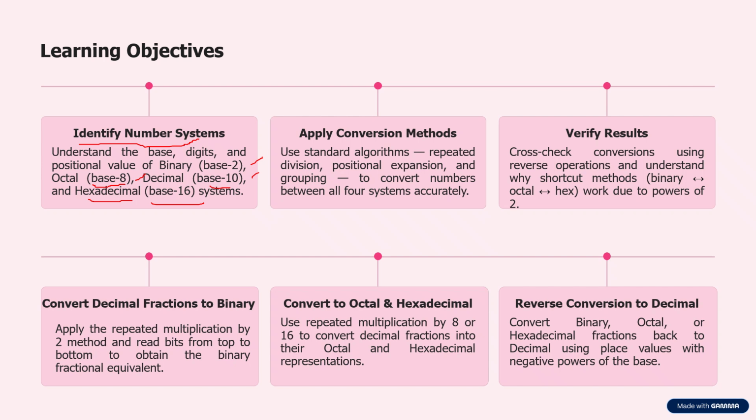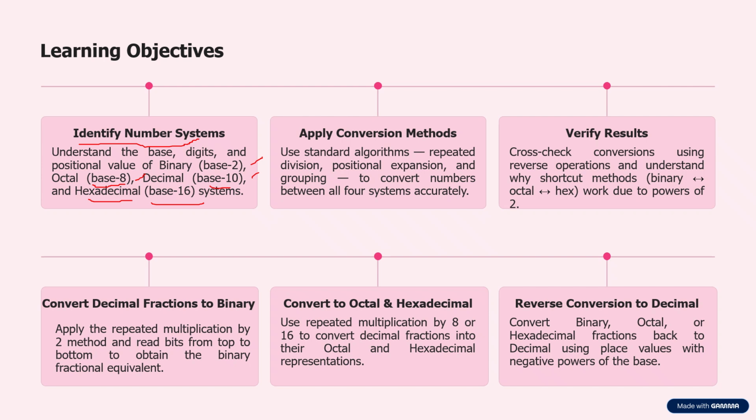To convert numbers accurately between any two number systems, we rely on standard algorithms such as repeated division, positional expansion, and grouping.